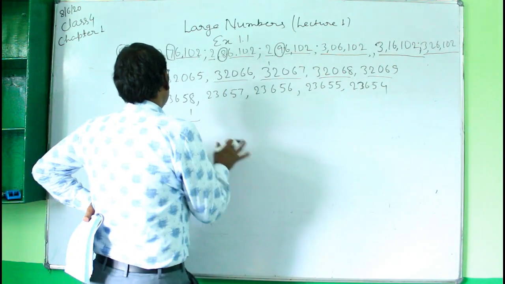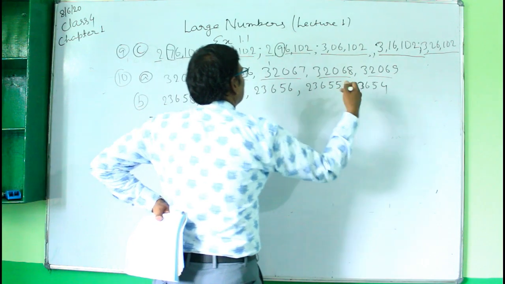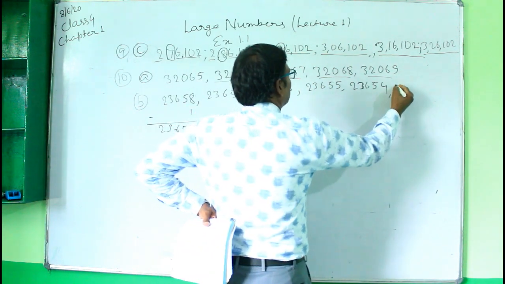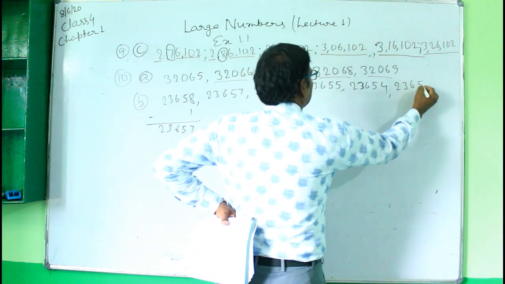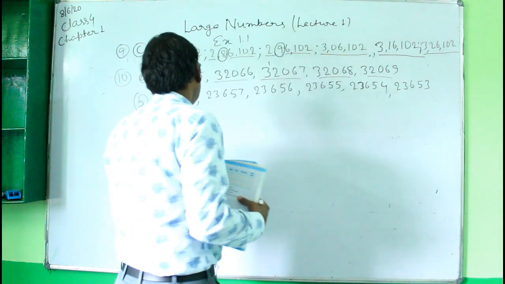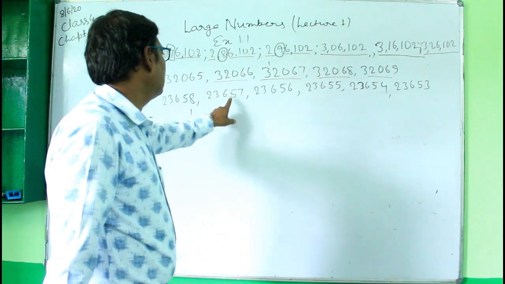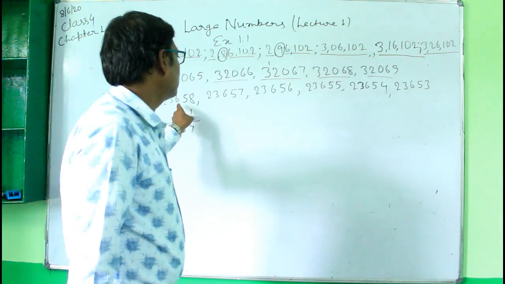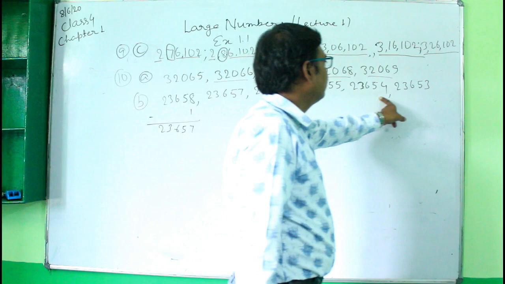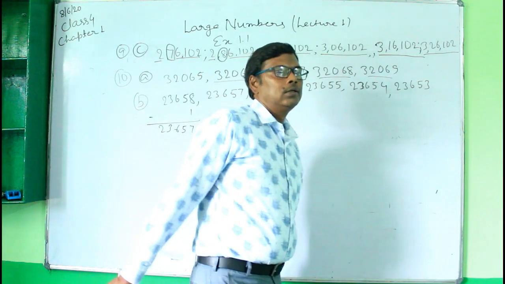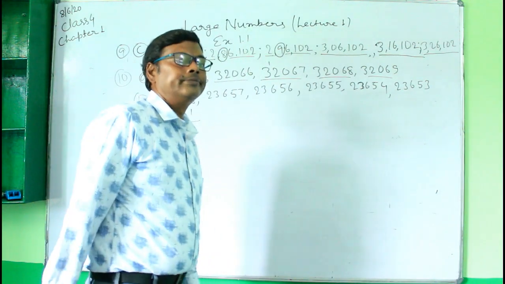So how many numbers are there? 1, 2, 3, 4. One more number we have to write, that is 23,653. Here we are decreasing the number by 1 each time, so these are the required numbers for our question. So this is the answer.